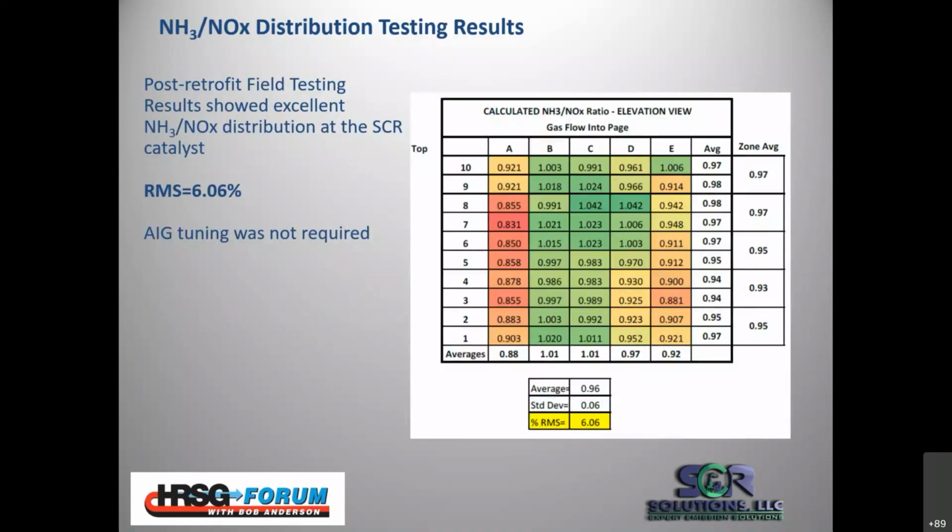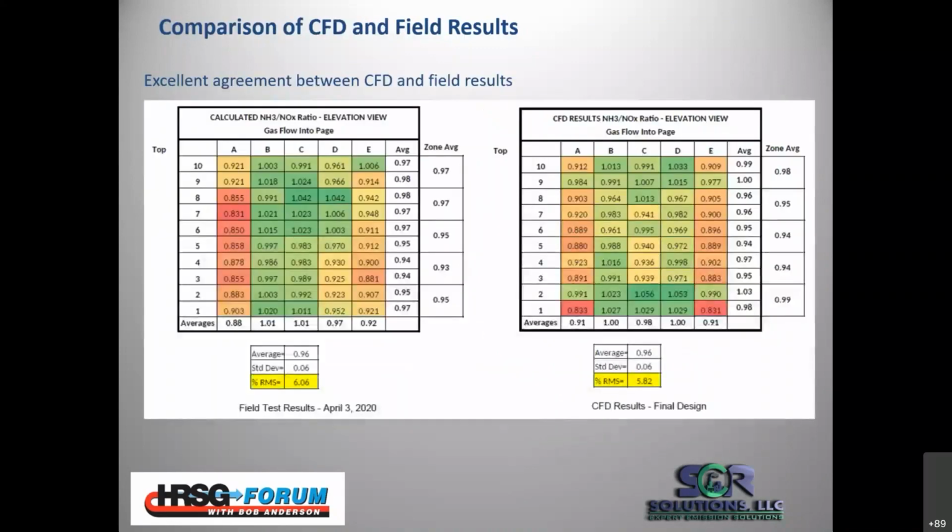So what they did require us to do was prove that what we modeled was correct. And sure enough, we went in there and did the same measurements that we did before, coming in from the roof, and the 19% dropped to 6%, which was great. And there you can see we laid the field test results on the left and compared those to the CFD results.